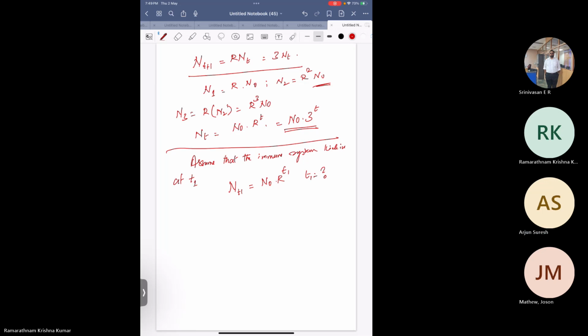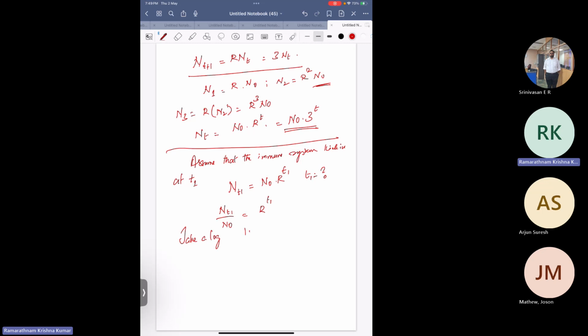Take log. In these equations, the best thing to do is write down N t1 by N naught is equal to R power t1. Clear? And then take a log. All the time when it's like this, take a log.